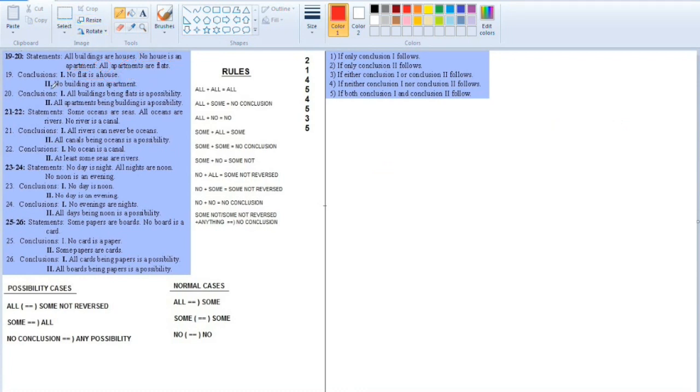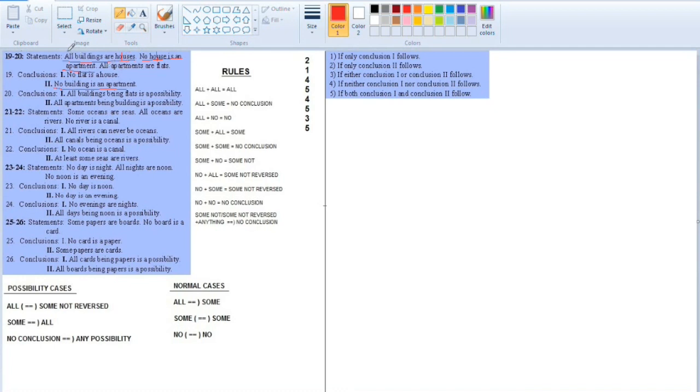The next one is: no building is an apartment. We can see building in the first statement, and apartment in the second statement. So house and house are cancelled; we have to cancel the like terms.